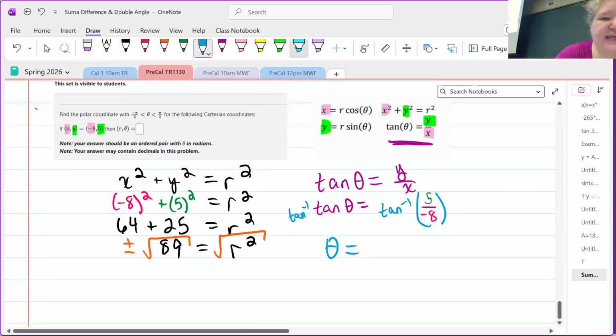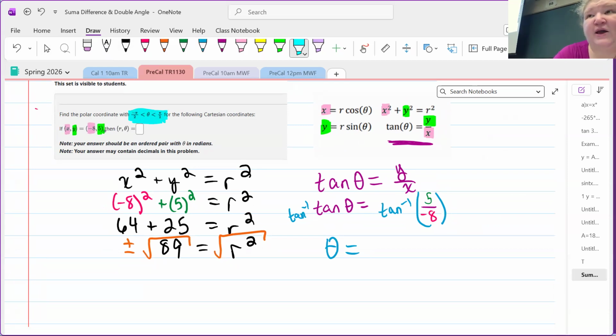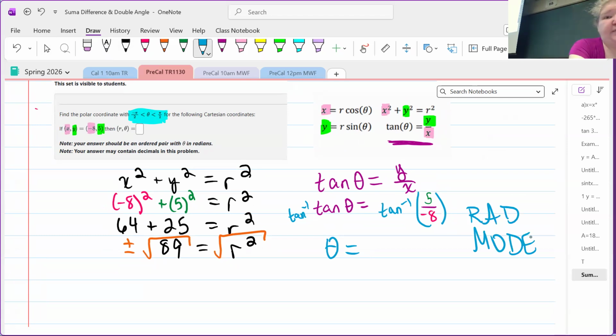Now, because they told us theta has to be between -pi/2 and +pi/2, they gave us pi numbers. We have to put our calculator in radians mode. And it's not going to be a pretty number. I mean, none of the numbers in radians are pretty.